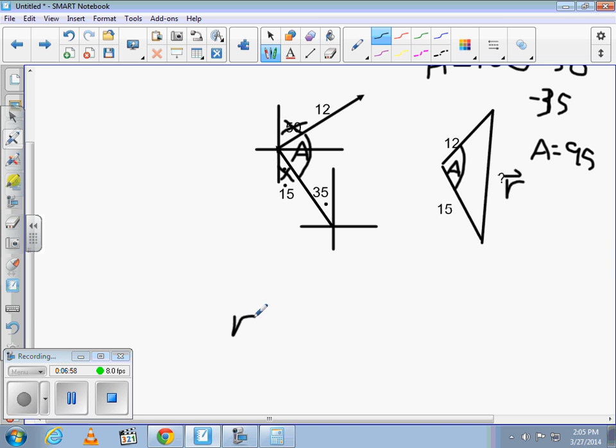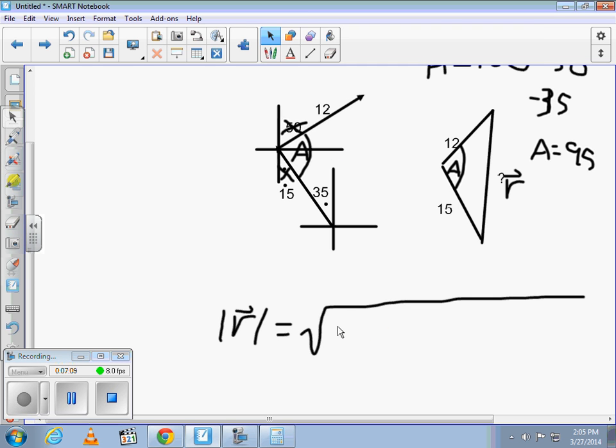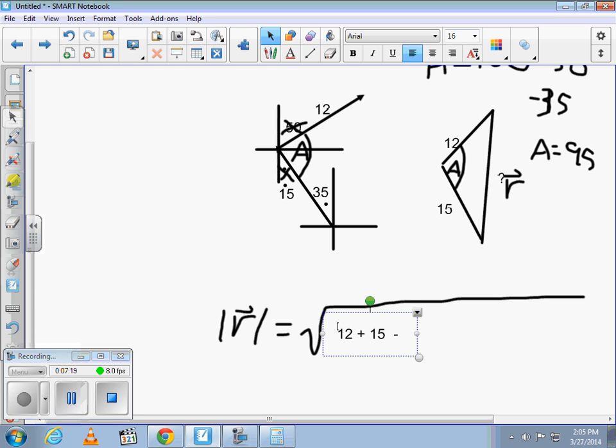So according to the cosine law, the magnitude of r is going to be equal to the square root of 12 squared plus 15 squared minus 2 times 12 times 15 times the cosine of 95 degrees.